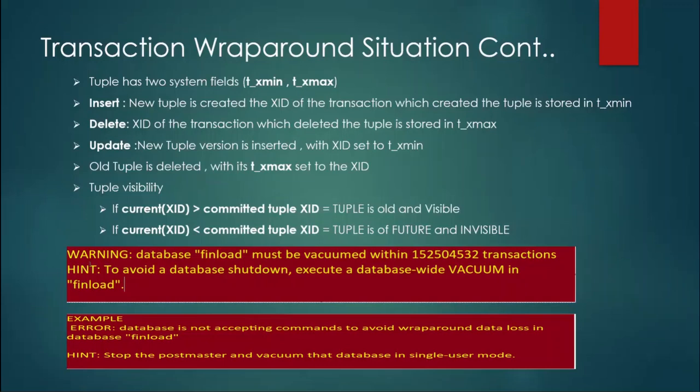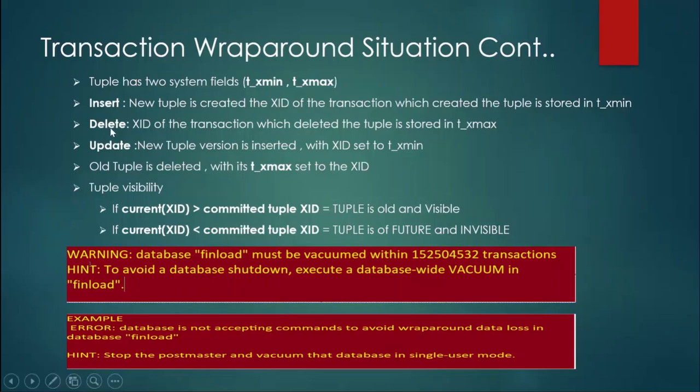Now, as discussed, whenever you create any table, for that table you have columns, and for those columns you have system columns, which are invisible. Two of the important system columns are xmin and xmax. Based on these two system columns only, your MVCC will work.